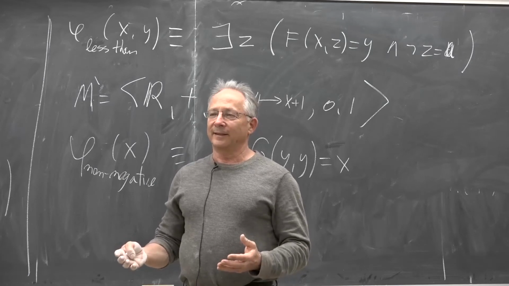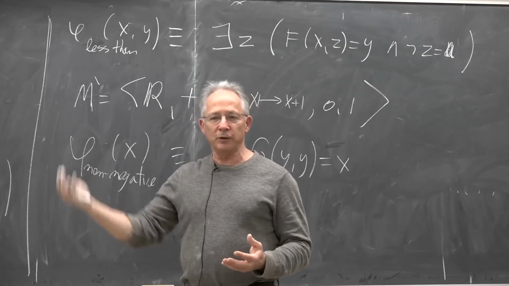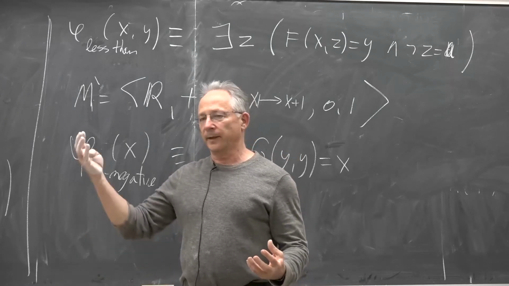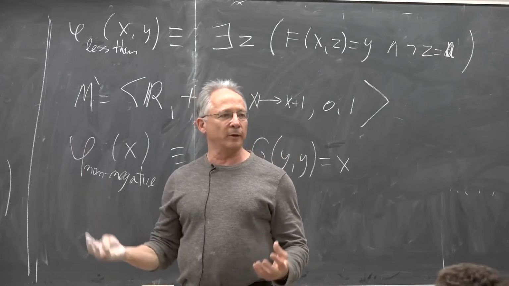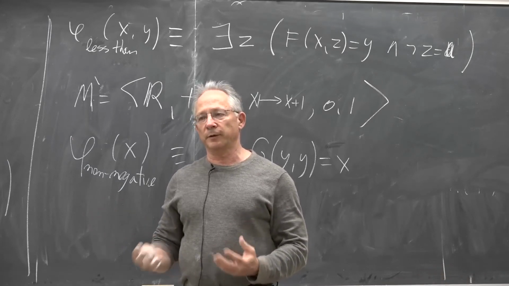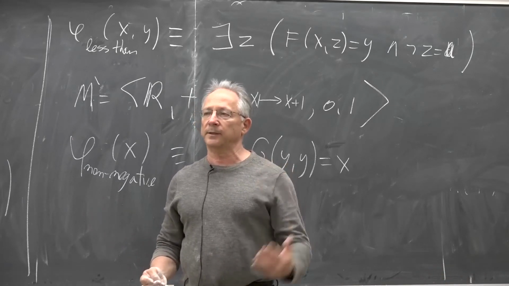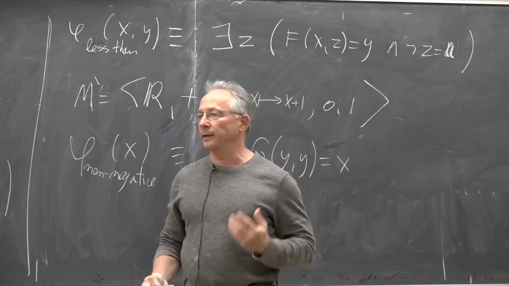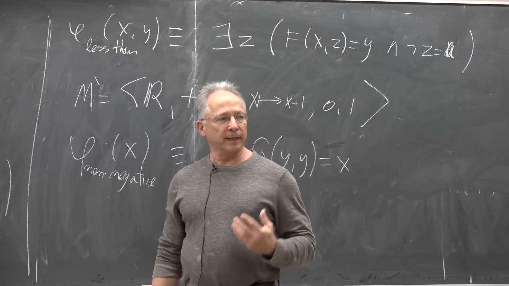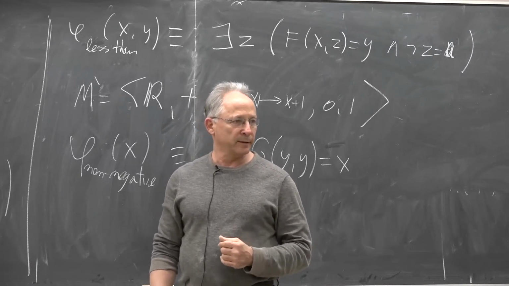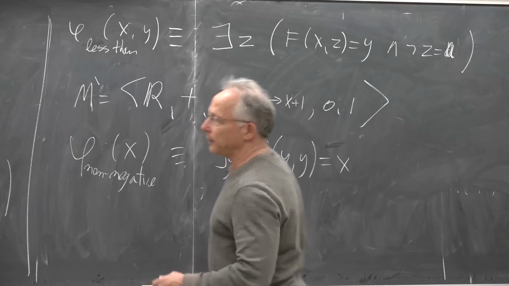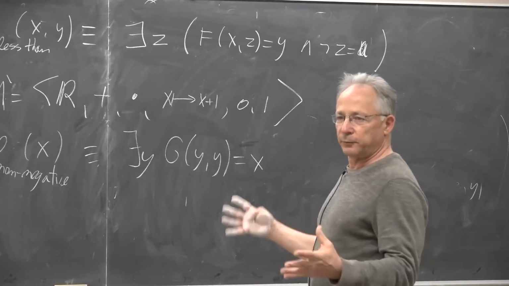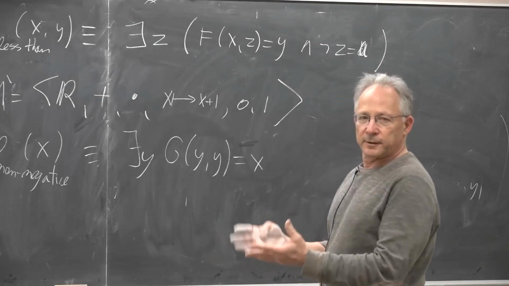So I don't have enough definitions for all the subsets of the natural numbers. There are more subsets than definitions, which is similar to the situation that we saw in propositional logic. Remember, in propositional logic, we said we cannot define all subsets of truth assignments because there are too many of them. There are sets of truth assignments that I cannot define. Here it will be the same. There are subsets of natural numbers which are not definable, just because there are so many subsets, a big infinity, and the number of formulas is small infinity.